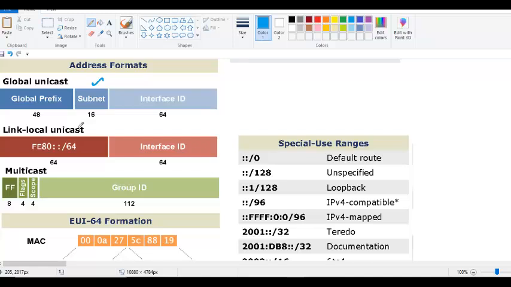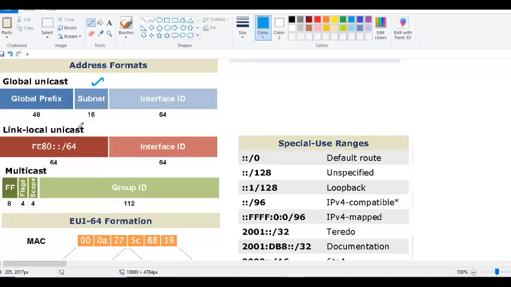Now, we were talking about address types: unicast, multicast, and anycast. Not only that, there is another classification: global unicast, local unicast, and multicast.